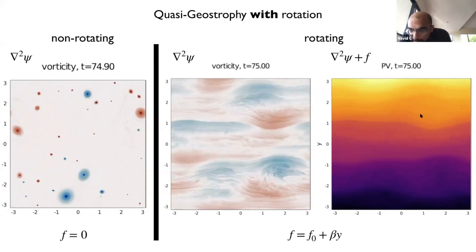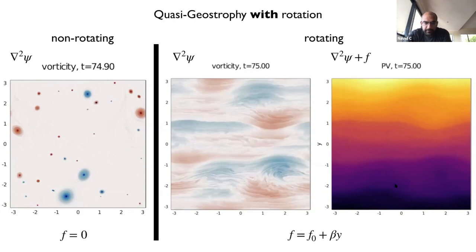I don't know if it's very clear by a zoom, but the PV structure on the right seems as if it has formed 3 or 4 zones of nicely mixed PV.